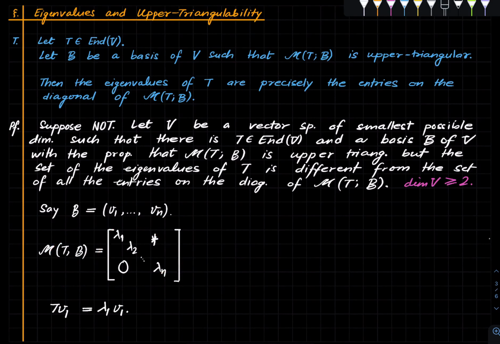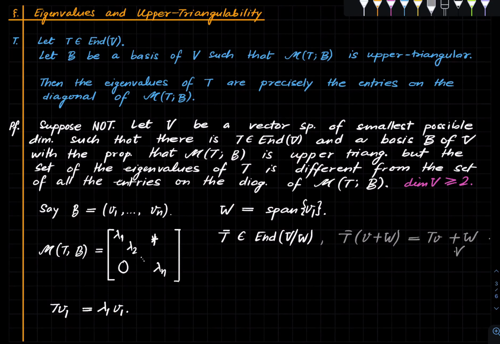And we define W as the span of v1. T bar is an endomorphism on the quotient. So this is a T invariant subspace simply because of this equation. And as always, T bar is behaving like this. All right.